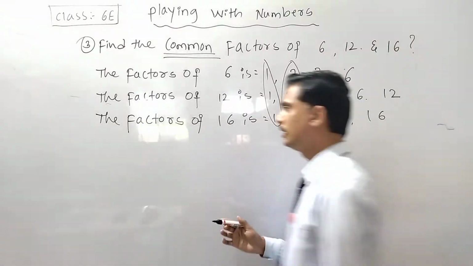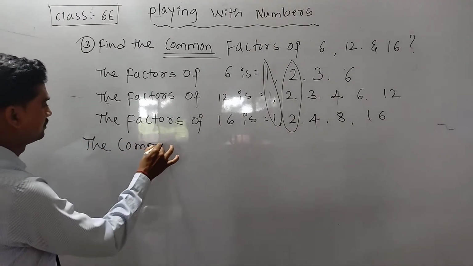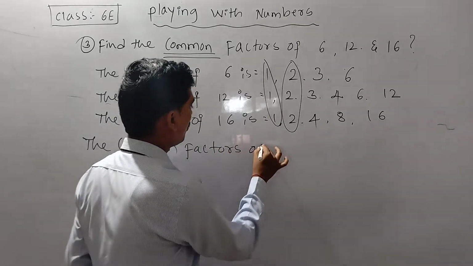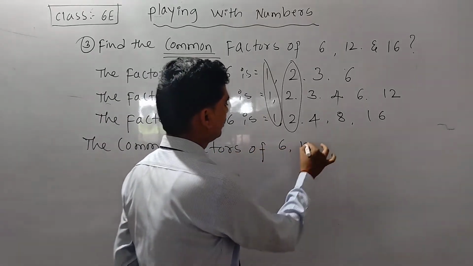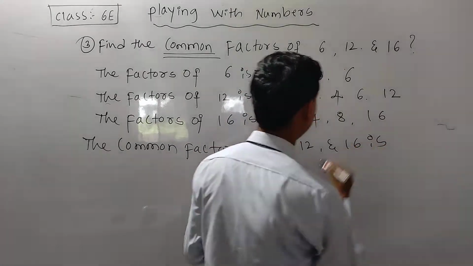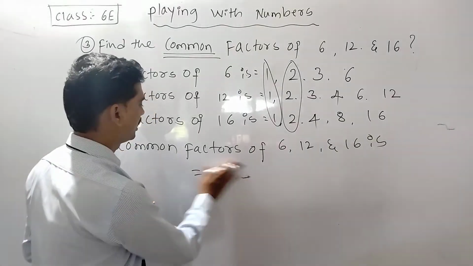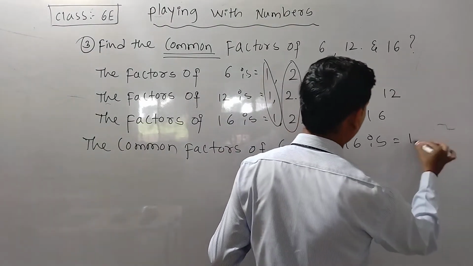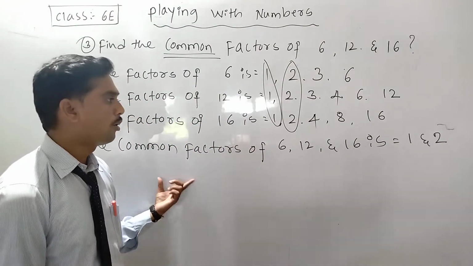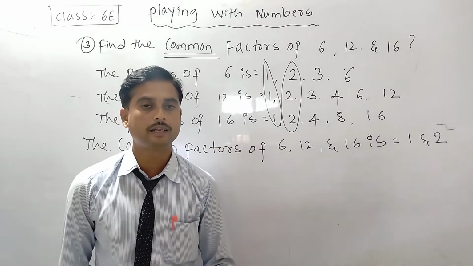And these are the only common factors of 6, 12 and 16. How many are there? Sir, 1 and 2. Otherwise you should write here only 1 and 2. These are the common factors of 6, 12 and 16.